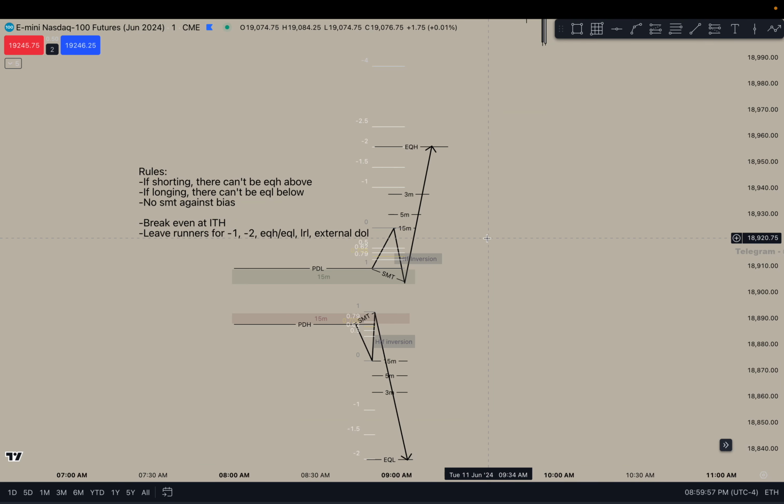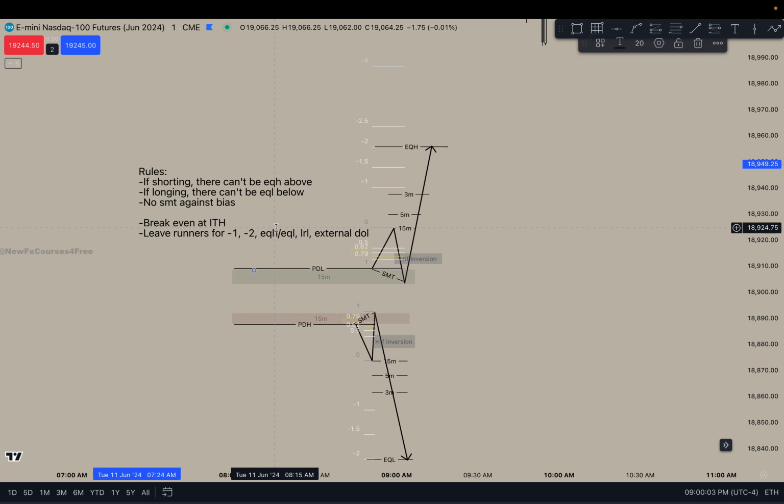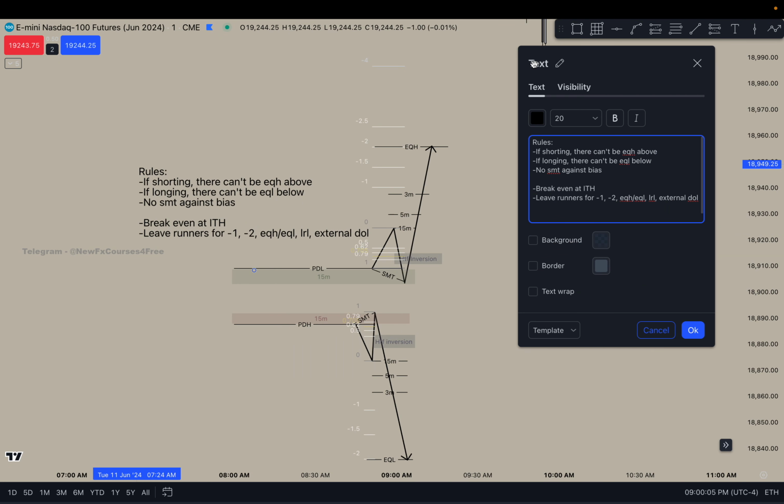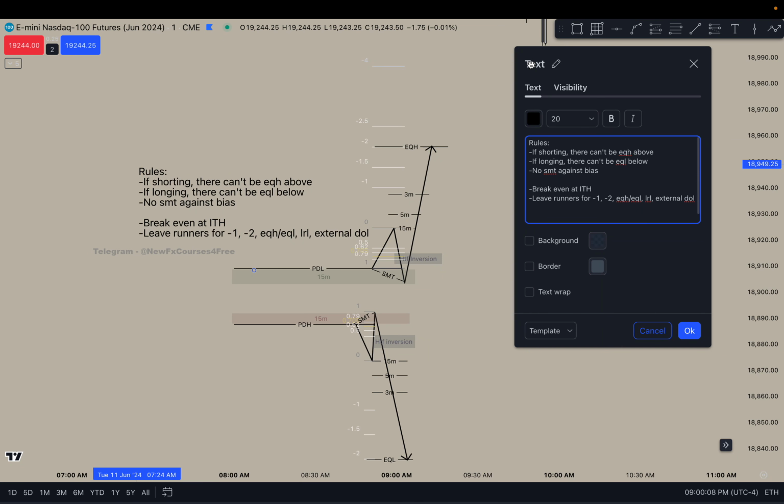No SMT against bias. What I just said, there can't be an SMT here or there. Sometimes I'll be getting in at the inversion, but we don't tap the internal high. We have an SMT. Yeah, then just don't take it. If there's an SMT after it forms, then just close it.